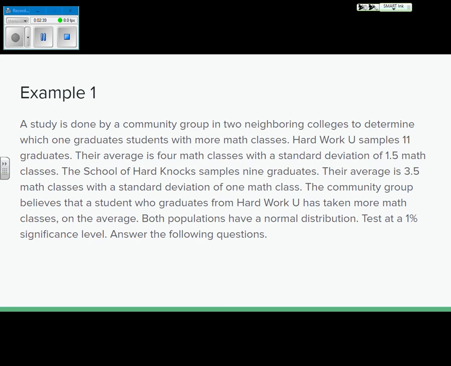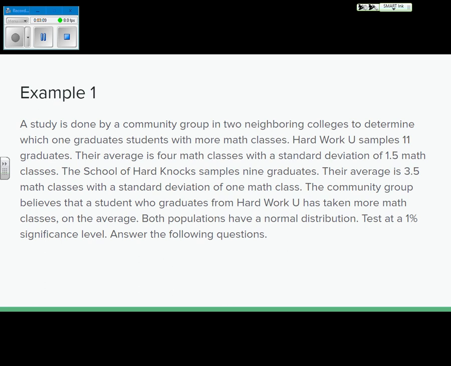The name of the first college is Hard Work U. It samples 11 graduates, and their average is 4 math classes with a standard deviation of 1.5 classes. We'll need all that information. The School of Hard Knocks samples only 9 graduates, and they find that 3.5 math classes is their average, and the standard deviation is 1 math class.